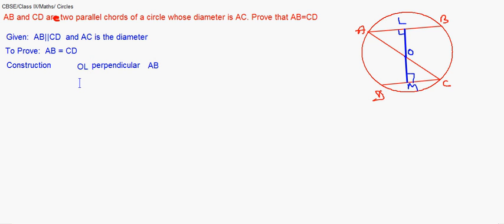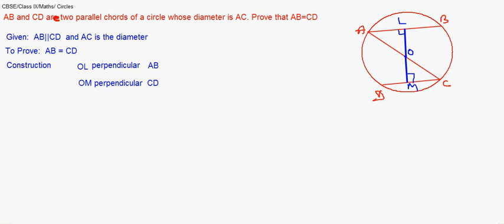Similarly, OM perpendicular to CD. As because AB is parallel to CD, OL is perpendicular to AB and OM perpendicular to CD, therefore LOM becomes a straight line.